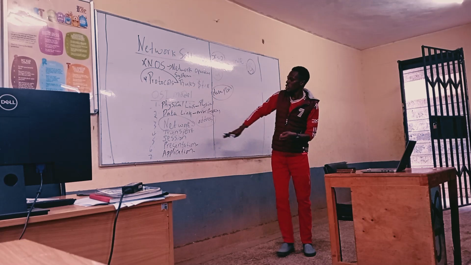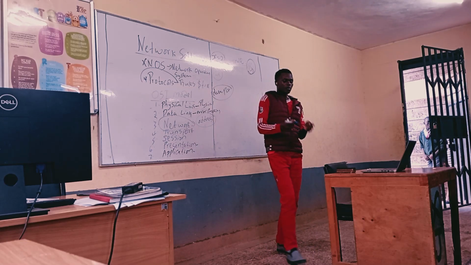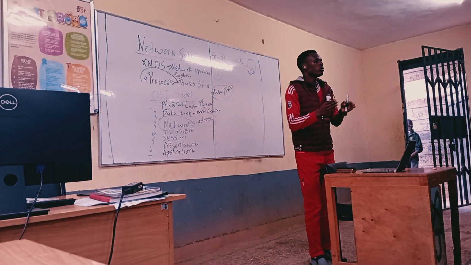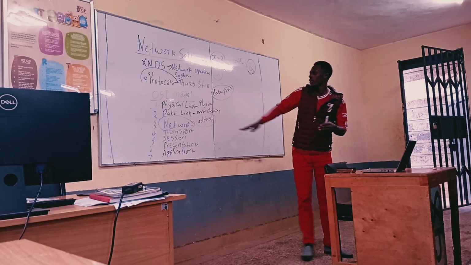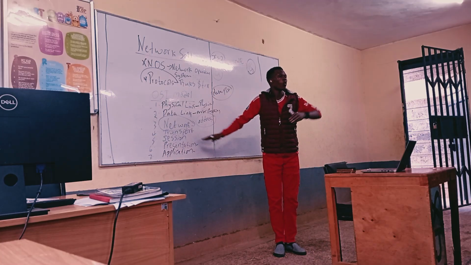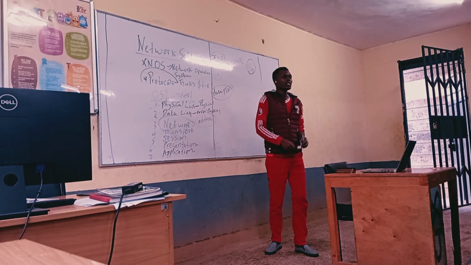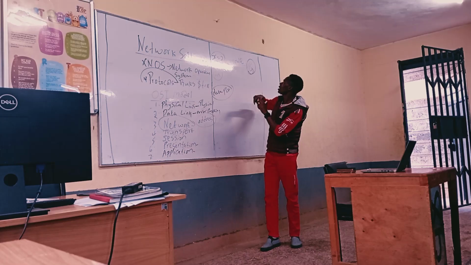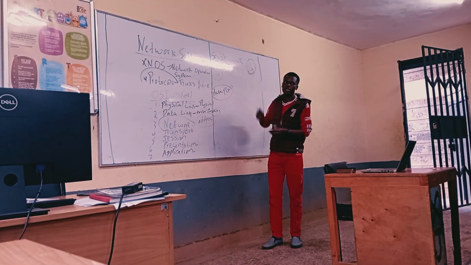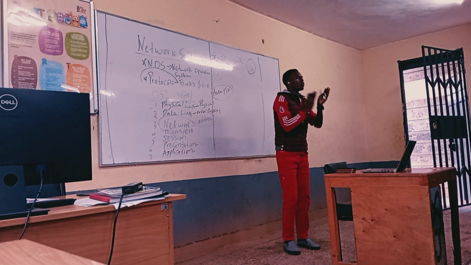So let's continue. This is the transport layer. Remember, for you to carry your luggage from your home to some place, you have to establish a route to pass through. So this one manages the movement from this part to the receiver part, like a car moving from this point to this.